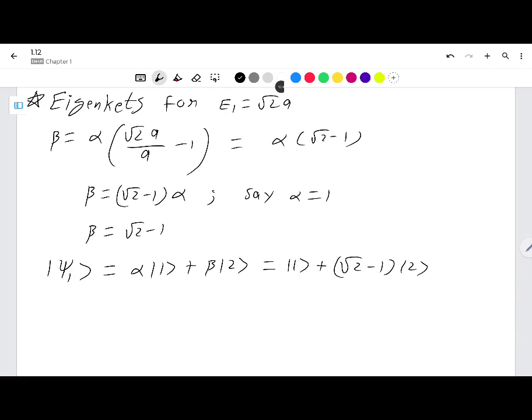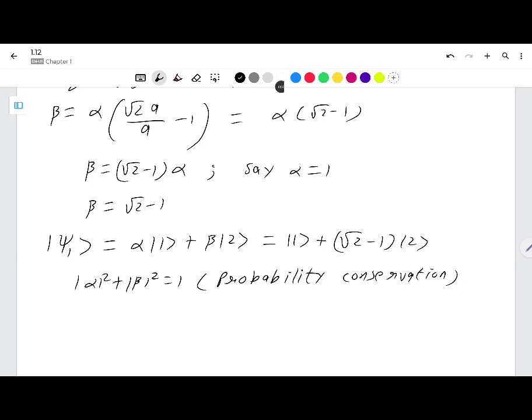So did we find the eigenkets? Well, not precisely, because we would like this square to be 1 for probability conservation. That would be normalized states. So if we look at this sum, it is not 1.